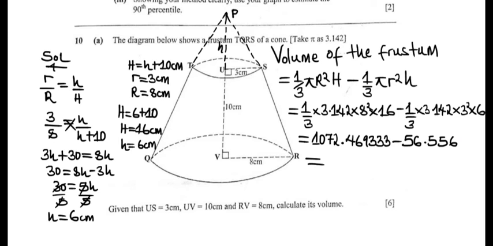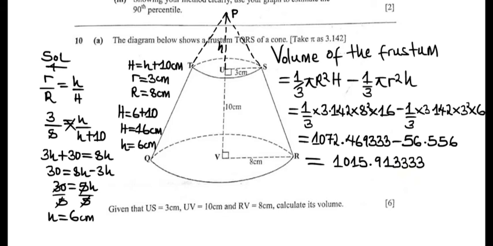So the difference will be 1072.469333 take away 56.556. This gives 1015.91333.